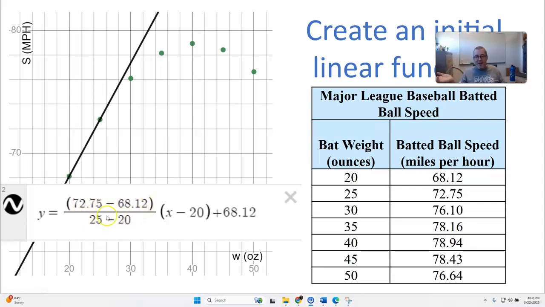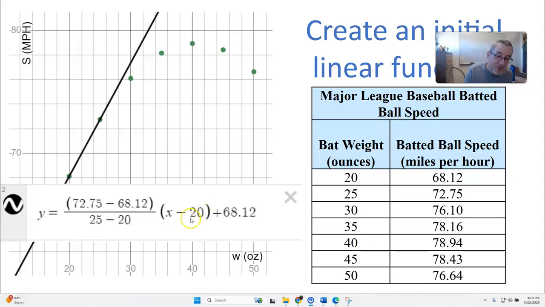But then notice you get to divide by 5, so we scale it to be for every 1 ounce. So this computes to 0.926 miles per hour for every 1 ounce of bat weight. But remember I said the reference point? The reference point, going back to that linear work you did earlier, the reference point was 20 ounces and 68.12 miles per hour.